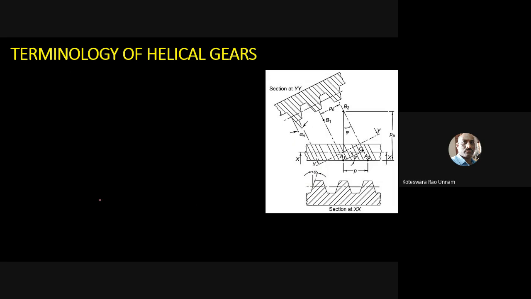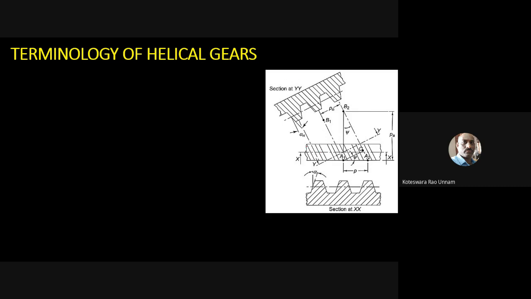Then, like I mentioned, we need to find out the equivalent spur gear for a helical gear. Therefore, first we should understand what terminology we are using and which parameter is equivalent to its equivalent spur gear parameter. For that, you can see the picture here.